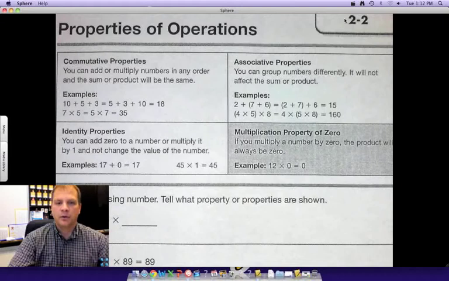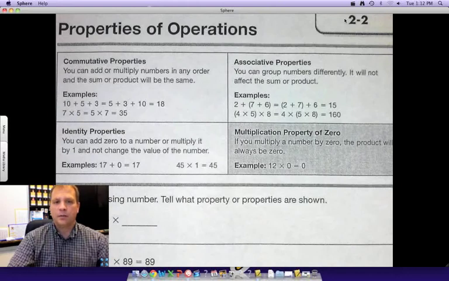The associative property states that you can group numbers differently and it will not affect the sum or product. Groupings of numbers can be done by using parentheses. As you can see, the digits 2, 7, and 6 are used on both sides of the equal sign. However, the parentheses is around two different numbers in each example.